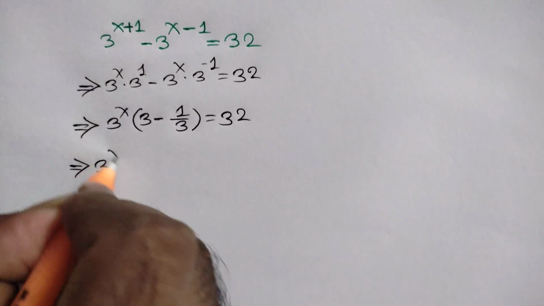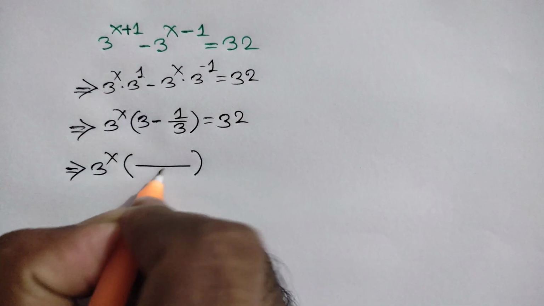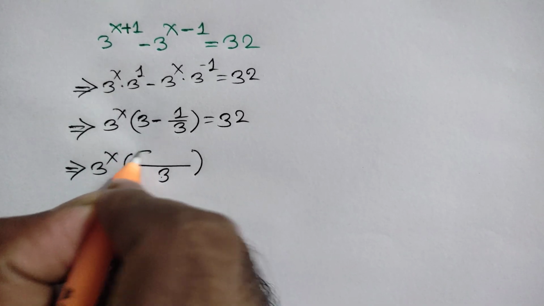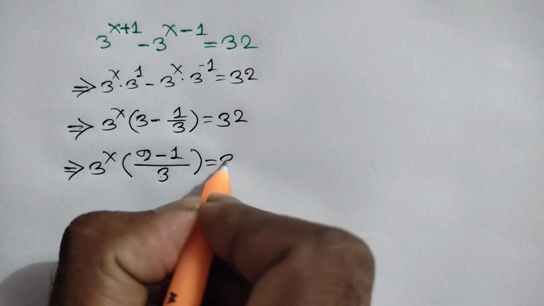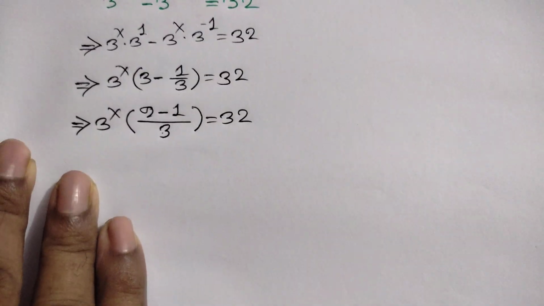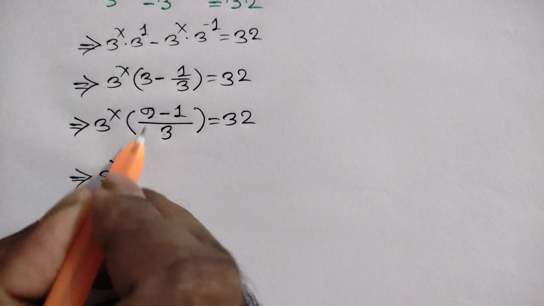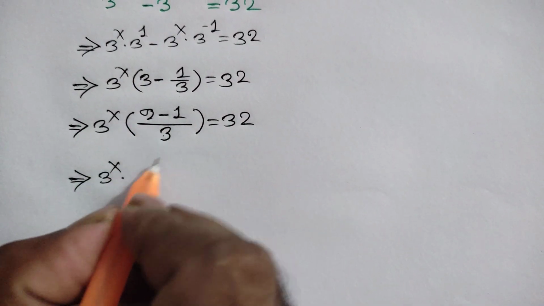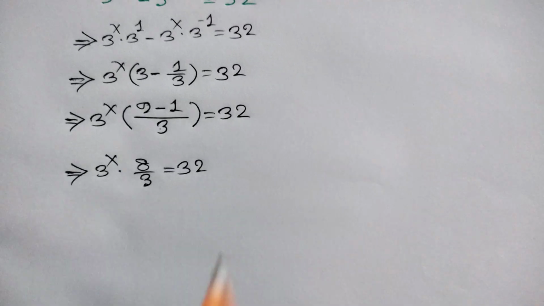Or 3 to the power x times, here LCM is 3. Now 3 times 3 is 9 minus 1 is equal to 32. Or 3 to the power x times 9 minus 1 is 8, over 3, is equal to 32.